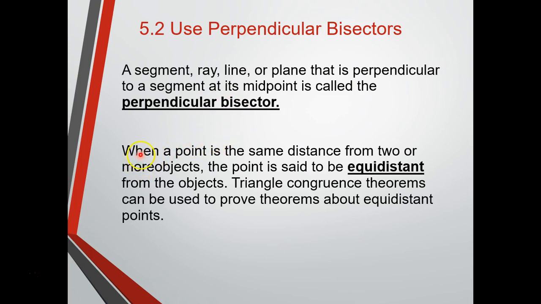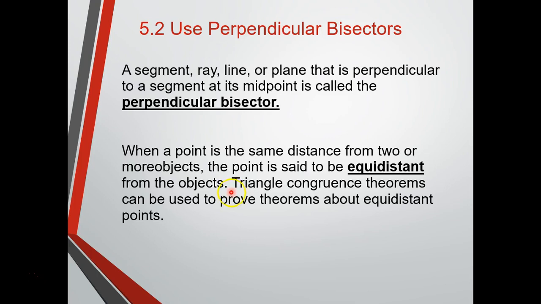When a point is the same distance from two or more objects, the point is said to be equidistant. So this is just another vocabulary word that we need to know, equidistant. And again, I will show you on the next slide what exactly equidistance means using a figure.